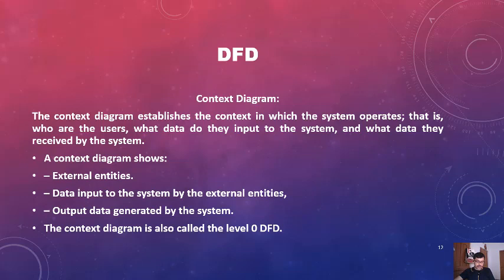The context diagram represents the entire system as a single bubble, labeled according to the main function of the system. The various external entities with which the system interacts, and the data flows occurring between the system and the external entities, are also represented in this context diagram.